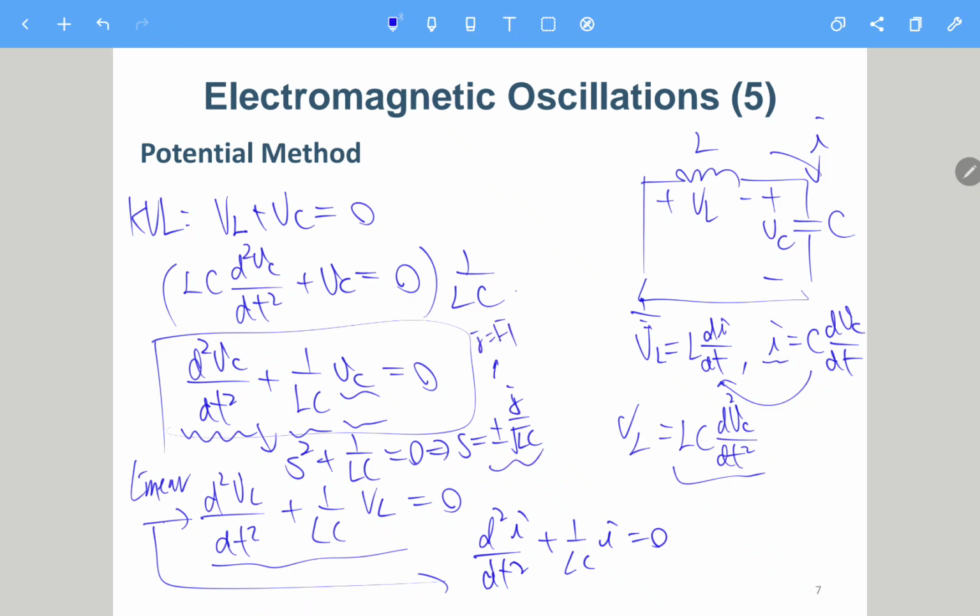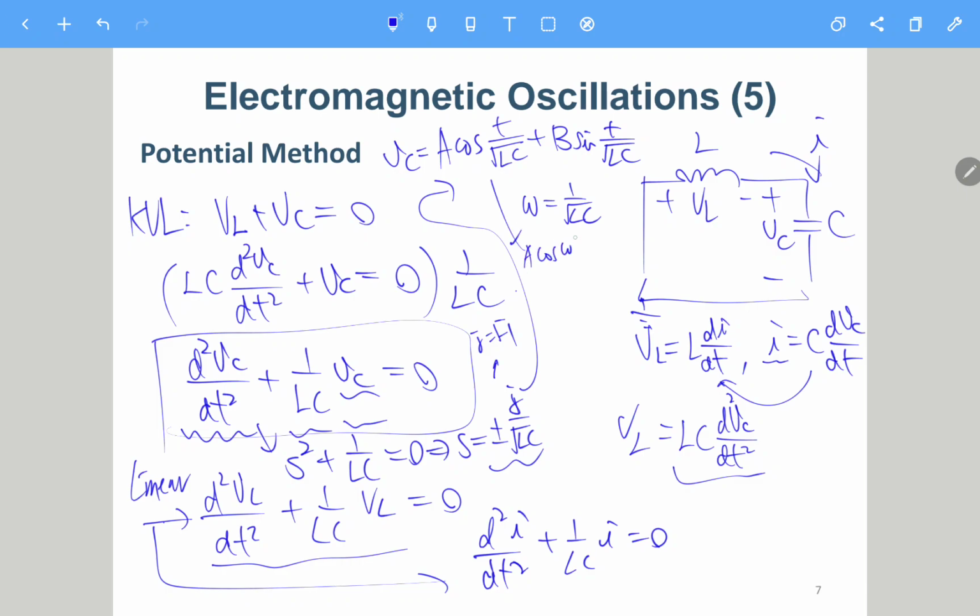So we have a complex conjugate root, which means the solution should be, let's say, VC equals A cosine of t over square root of LC plus B times sine of t over square root of LC. Or you can assume omega equals 1 over square root of LC, so that we have A cosine omega t plus B sine omega t.